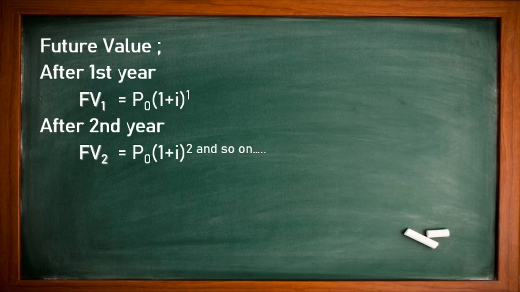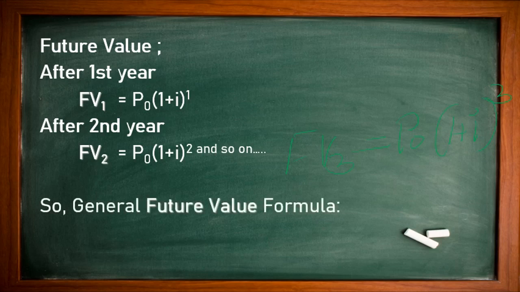Same for future value 3: we use P0, the principal investment, times (1 + I) power 3. For 4 years, you will use power 4; for 5 years, power 5; for 10 years, power 10. So for n years it becomes power n.